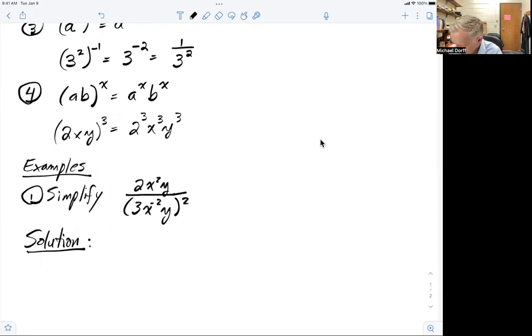So when I simplify that, I'm going to use the laws or properties that we had up above. The first one I'm going to do is start at the denominator, and I'm going to use property 4, which says that I can distribute this positive 2 to everything. So I'm going to have 2x squared y on the top, and on the bottom I'm going to have 3 squared x.